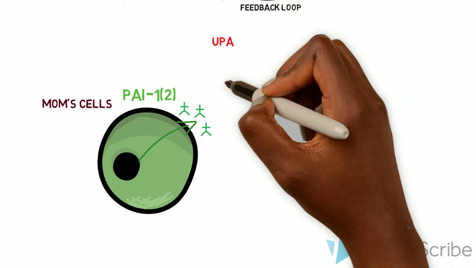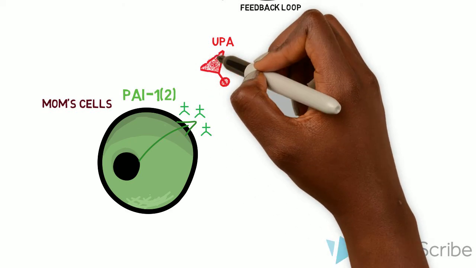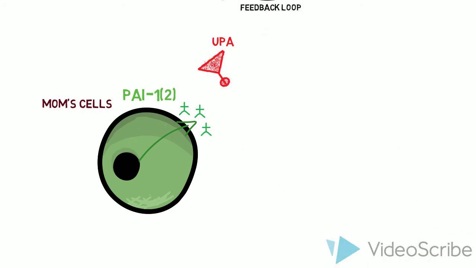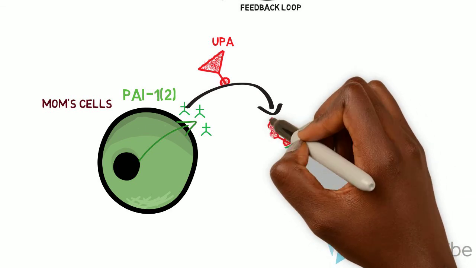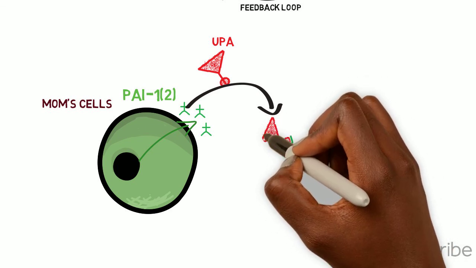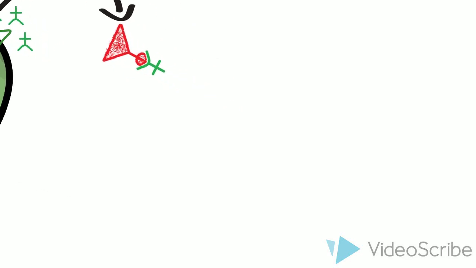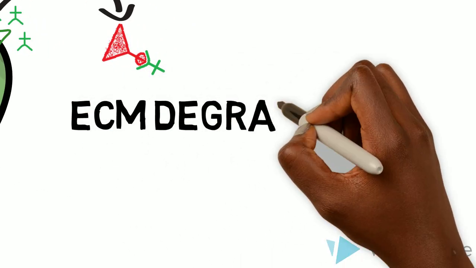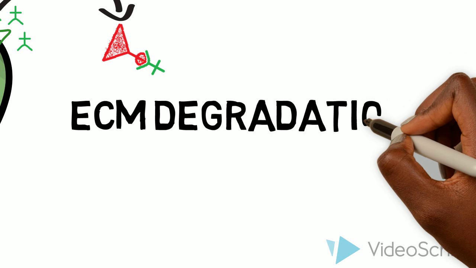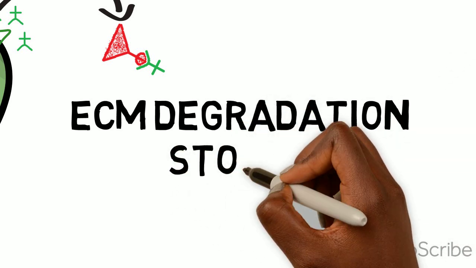So PAI will bind UPA and pretty much stop plasmin from binding UPA and activating it. So at this point, ECM degradation will stop, and the blastocyst will continue to develop.